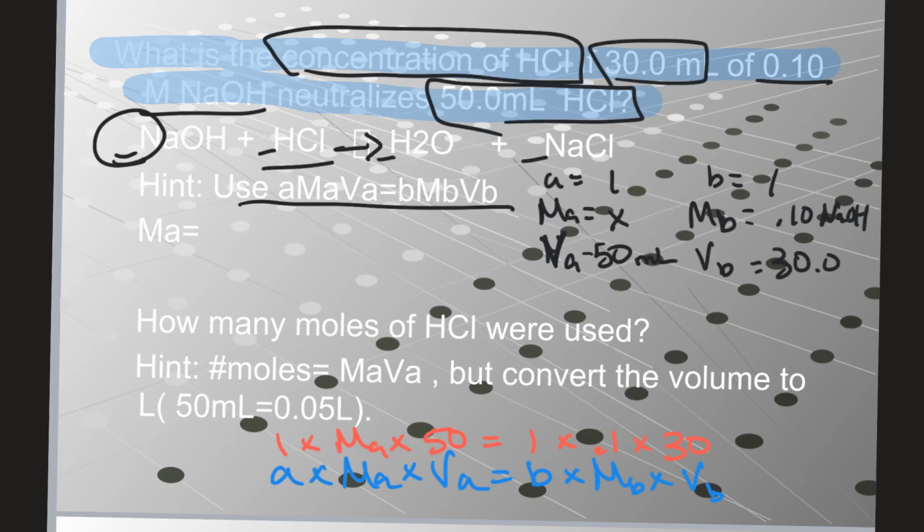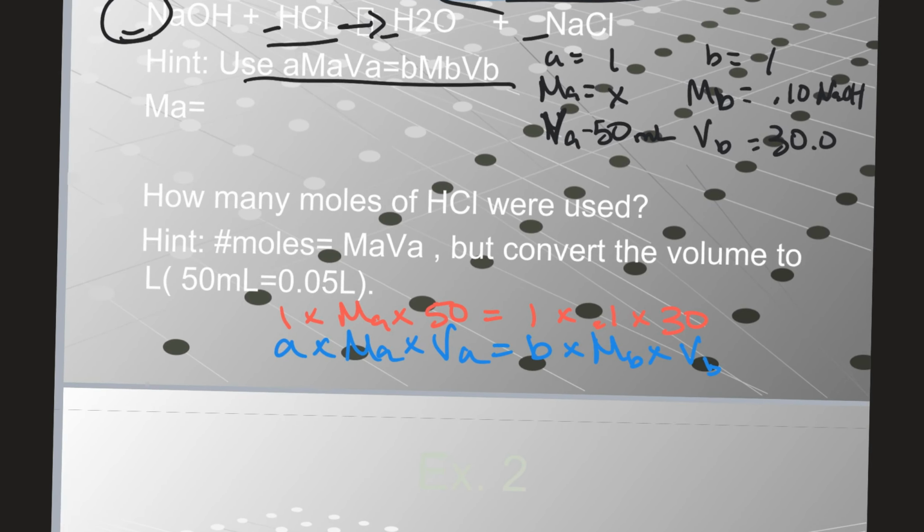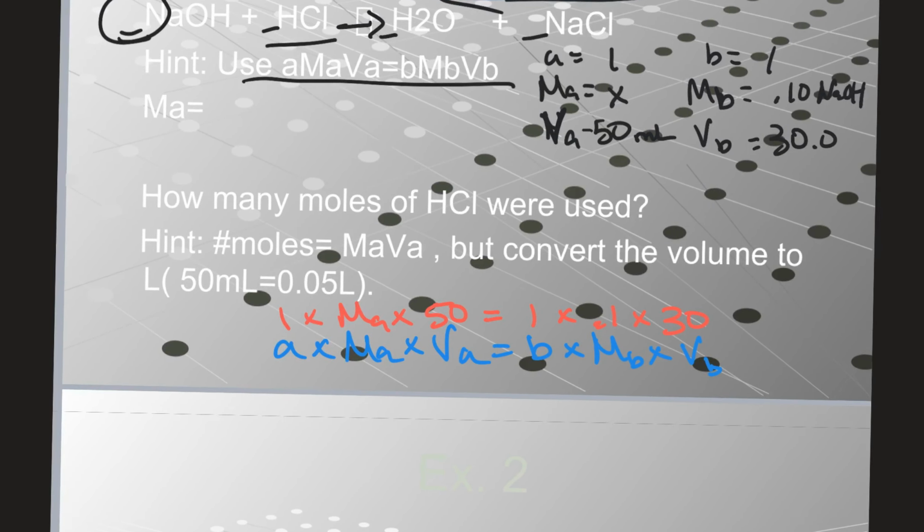Then all you have to do is solve for MA. So MA is equal to 1 times 0.1 times 30 over 50 times 1.